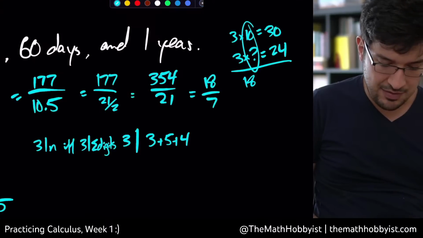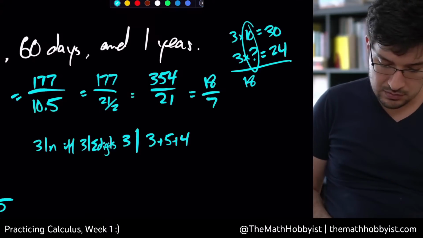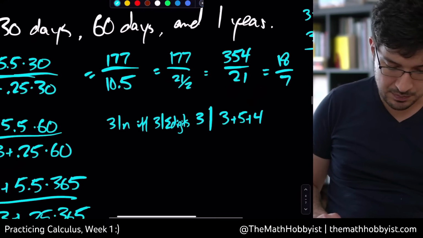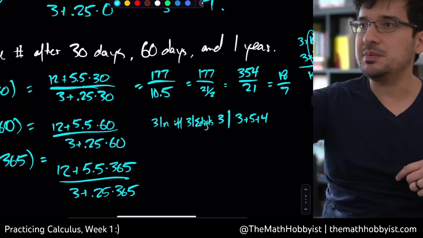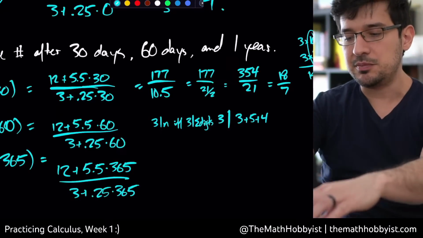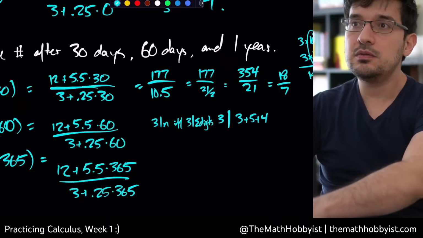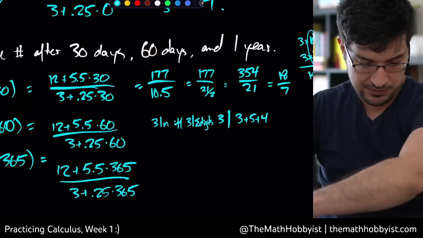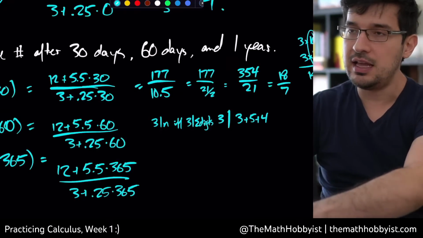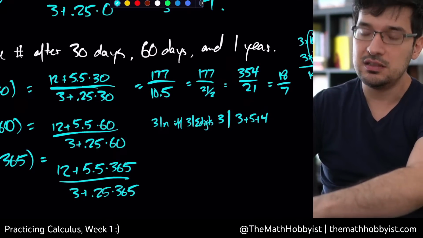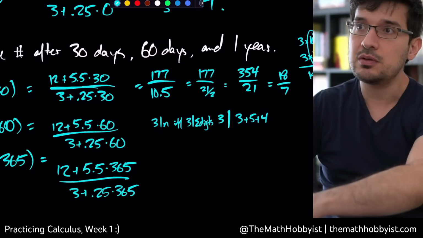18 divided by 7 is, I think, going to be our answer. And if we ask ChatGPT to check our mental math, did we get it right? I'm very confident about the first line, and now I just want to see if we did our mental practice correctly.